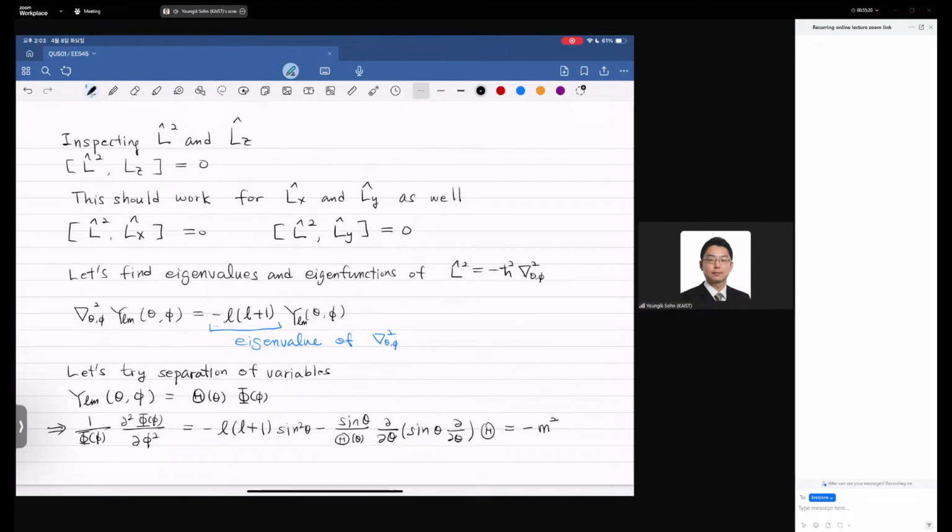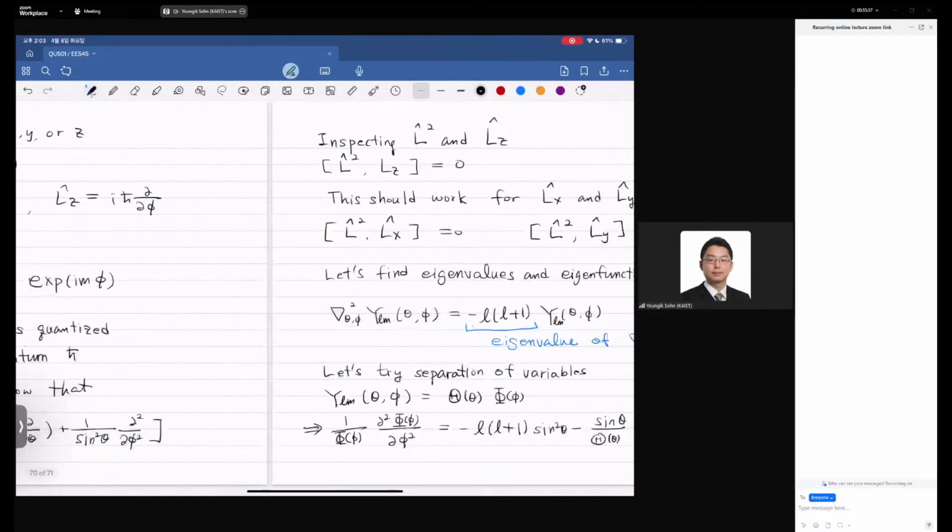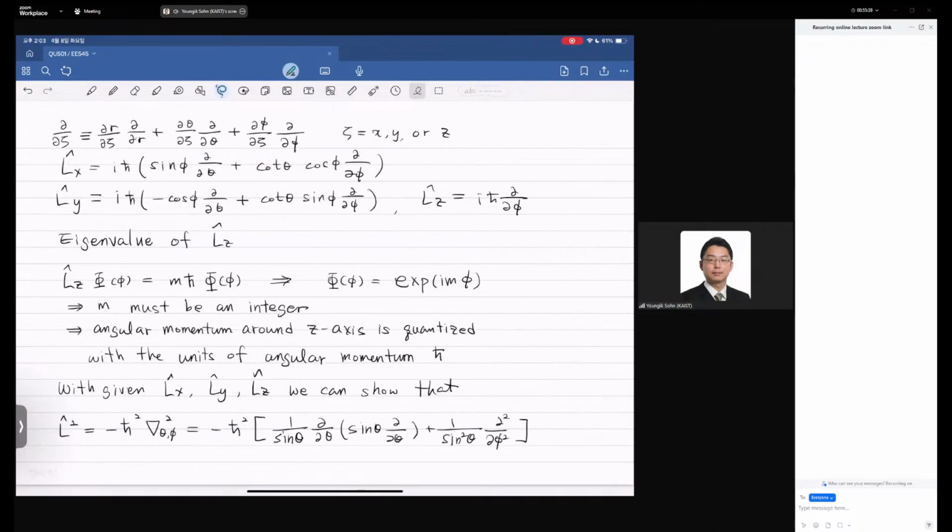This one, actually, we have already solved for L_z. This part and this part are the same problem as when we solved for L_z, so we already know the answer. And that m we just discussed right up here is the same thing.